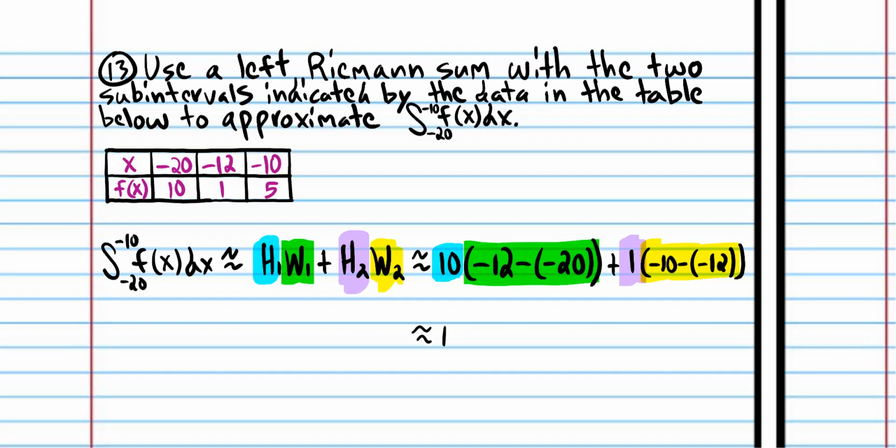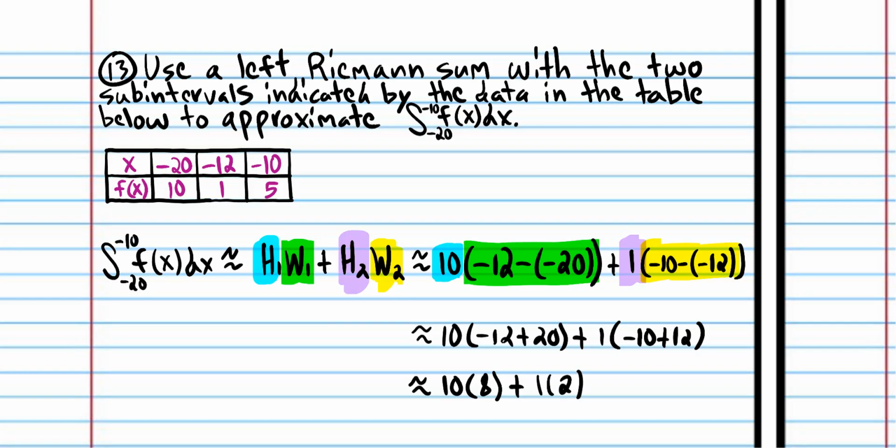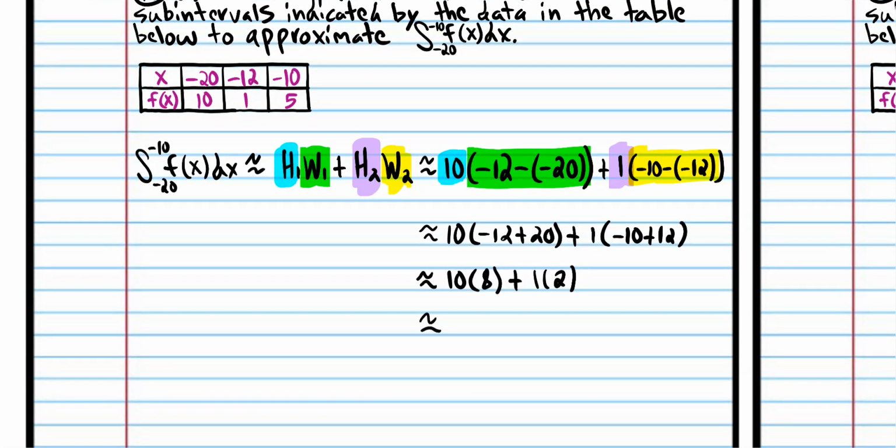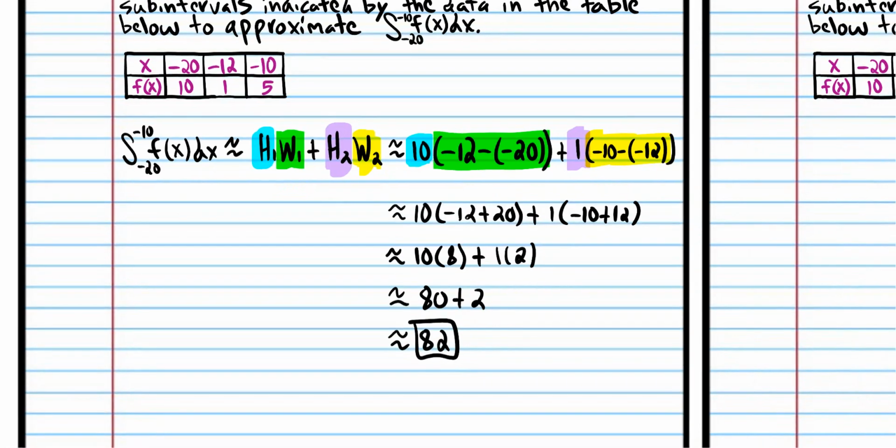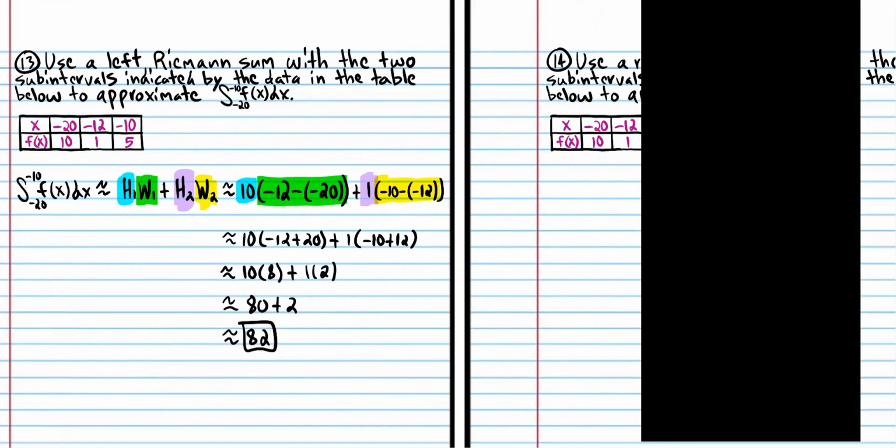Okay, so we have 10 times -12 plus 20 plus 1 times -10 plus 12. That's 10 times 8 plus 1 times 2. And you can move through this more quickly if you want. But we end up with 82. That's our approximation.